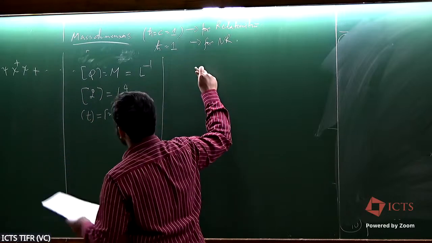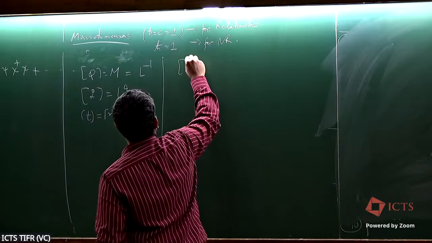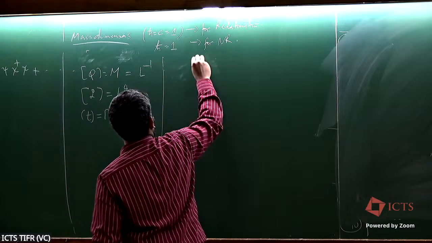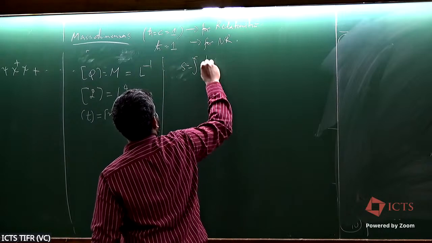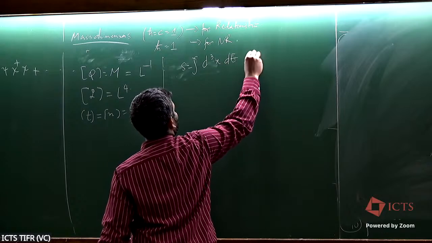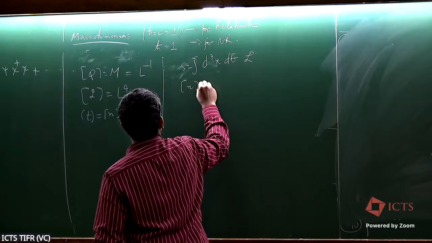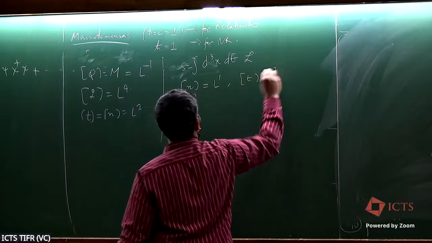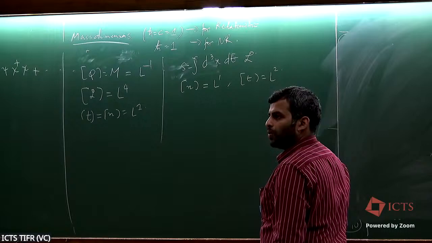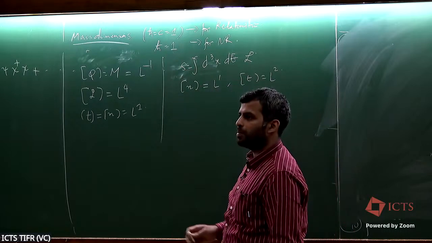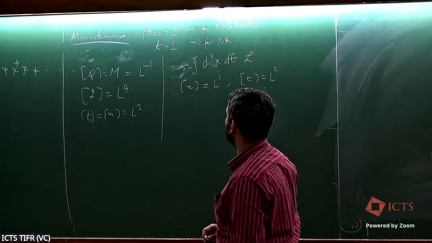Now, in the non-relativistic case, we start with the action again. My x goes as L raised to 1, my time goes as L square. This is because my h bar is 1 and m is just a parameter in the non-relativistic theory.